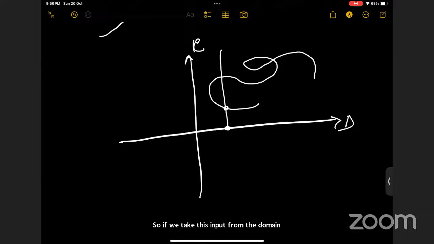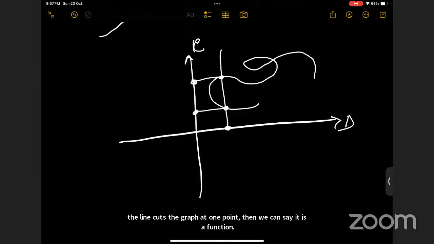See, the line has cut the graph at two different points, which means we have two different outputs for this input. This is not possible. This is called the vertical line test. If the line cuts the graph at one point, then we can say it is a function. Otherwise, it is not a function.